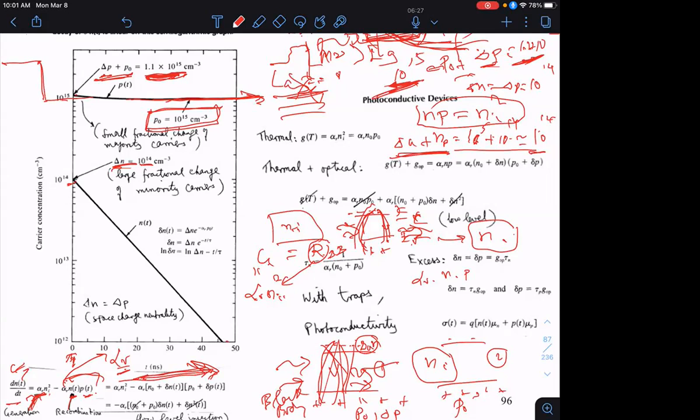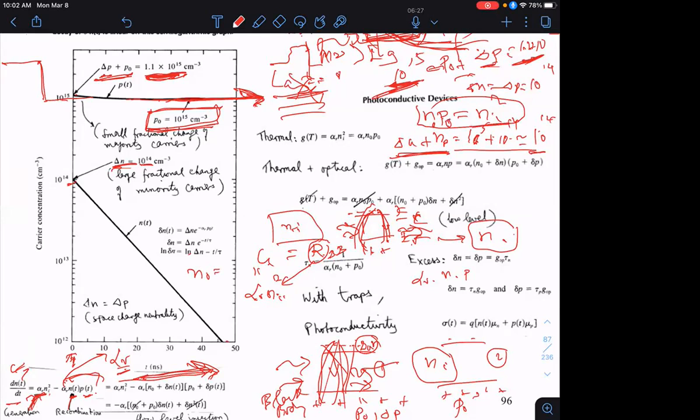And I want to see how the electron and the hole concentrations are changing as a function of time. Because I've chosen a p-type semiconductor doped at 10 to the 15, if I waited long enough, the hole concentration would asymptotically approach 10 to the 15. How about the electron concentration, N naught? What would that asymptotically go down to? Actually, just go down to 0, right? No. What is N naught times P naught equal to? N i squared, right?